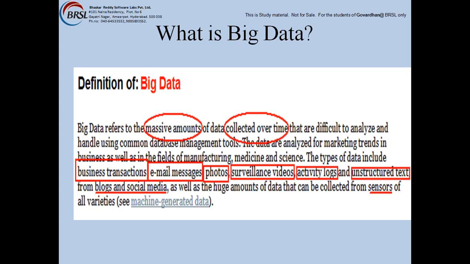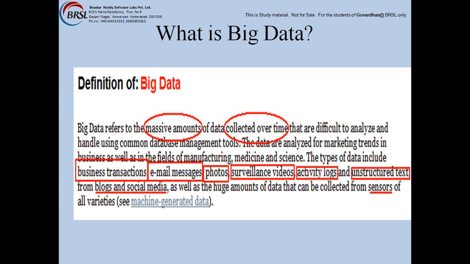where we are trying to collect massive amounts of data over a period of time, and that data is getting collected from different sources. It is transactional data coming from a lot of devices that are available online, or it could be business transactions that are generating that data.